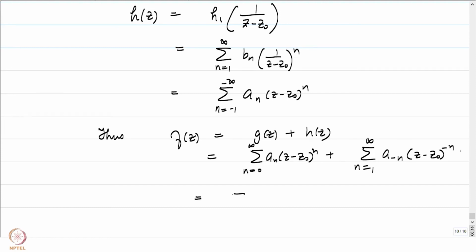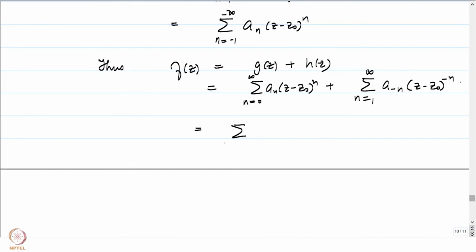Combining it, we can write this as the Laurent series expansion that we were intending to write it as. This is summation from minus infinity to infinity of a n times z minus z0 to the power n. And with that, we complete the proof.